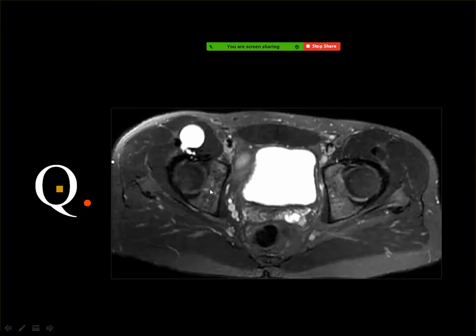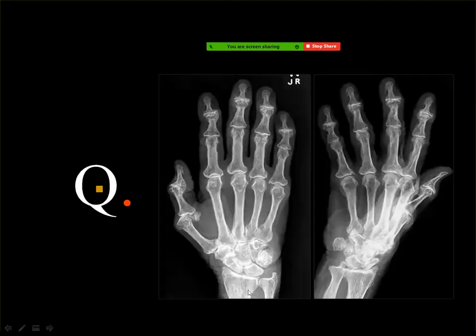Number two, it is fluid coming from the hip joint. Then, if you have fluid in the hip joint and fluid in the iliopsoas bursa, you think that both are related. But if you do not see fluid in the hip joint and you have fluid in the iliopsoas bursa, then this is iliopsoas bursitis.